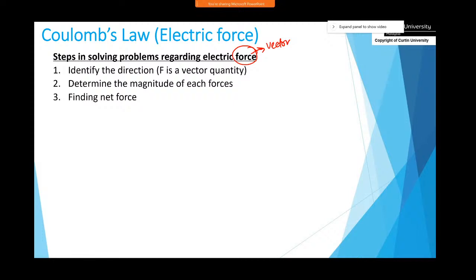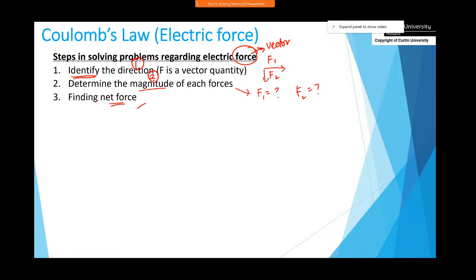So if this is a vector, always think about the direction first, then only move on with the calculation. Once you have shown your directions, let's say F1 and F2, then find the value of F1 and the value of F2.